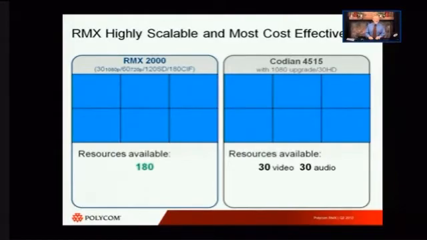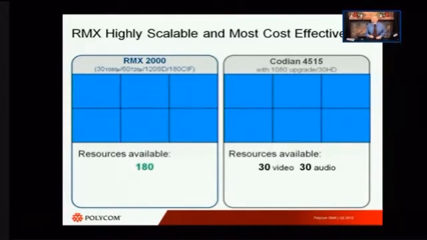On the left happens to be an RMX 2000 configured with 30 1080p capabilities, which means they have 180 SIF, remember the little squares, SIF resolution capability or ports. Some people call them ports. I like to call them resources.